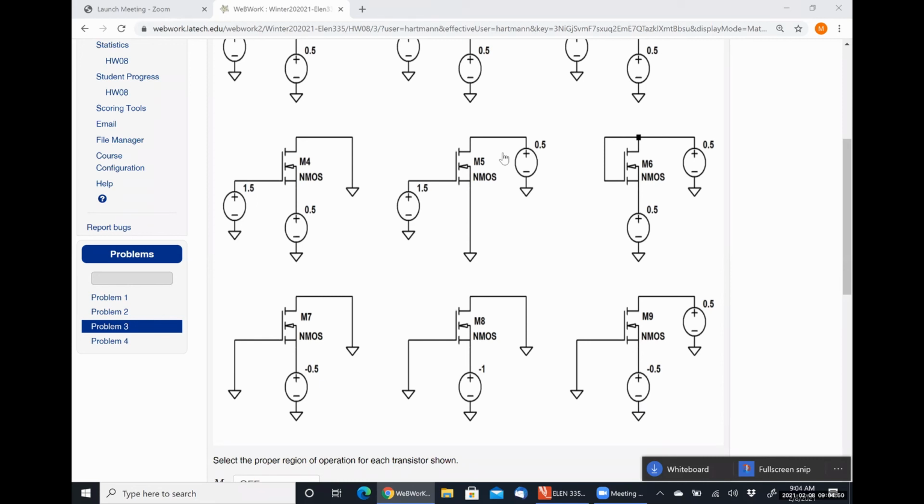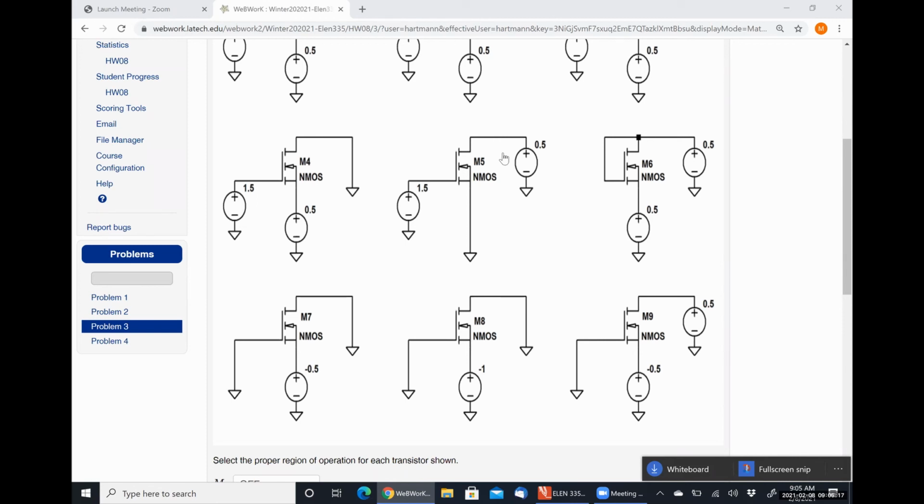Okay. It's positive 1 because 0 minus negative 1 is positive 1. So VGS is 1 and VDS is also 1.